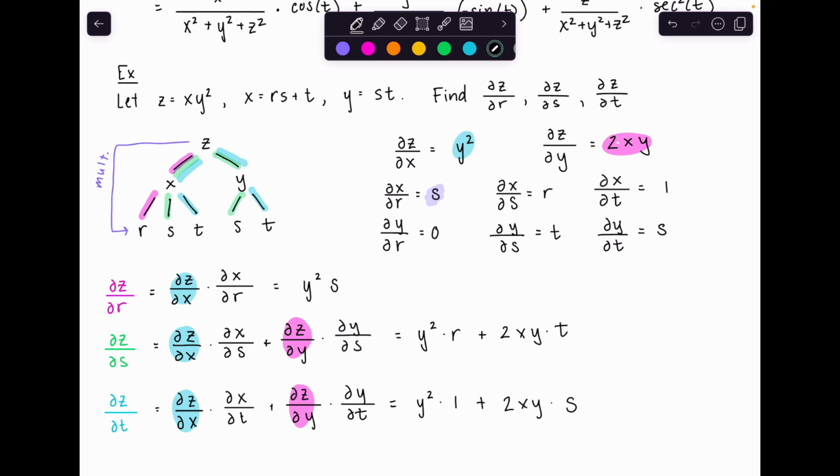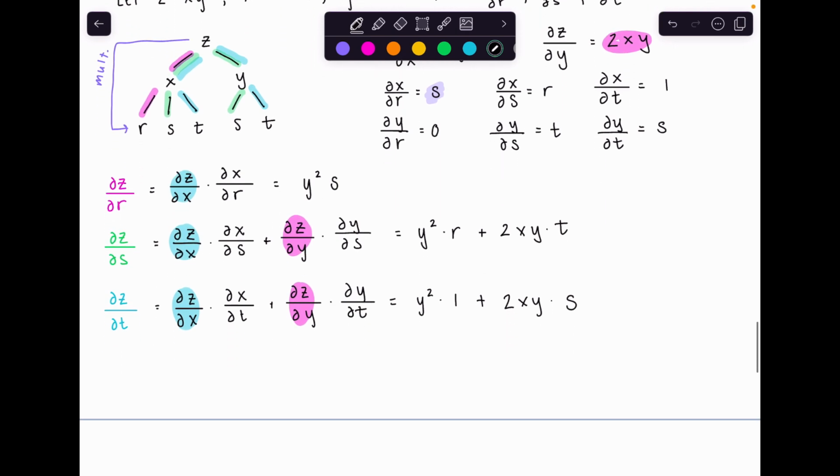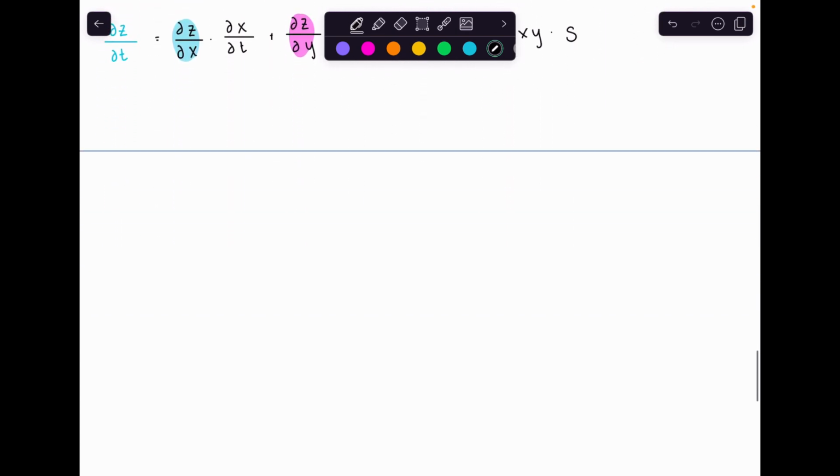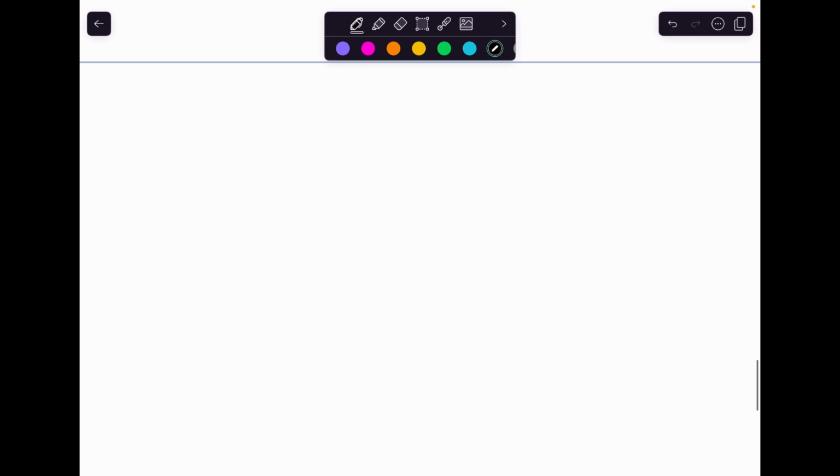So these are our different partial derivatives. So now we're going to go through and see a different way to do implicit differentiation. So I'm going to show you two different cases of this.